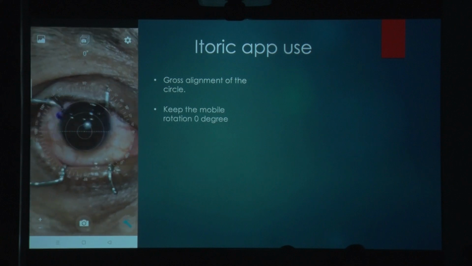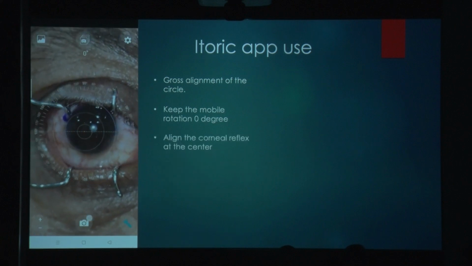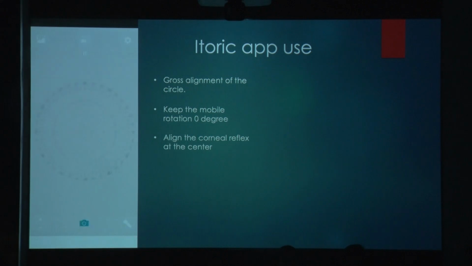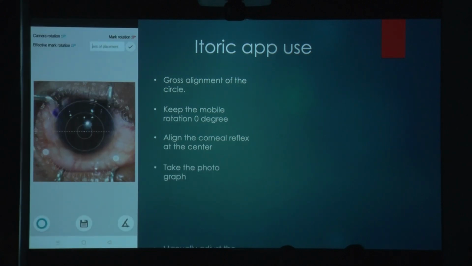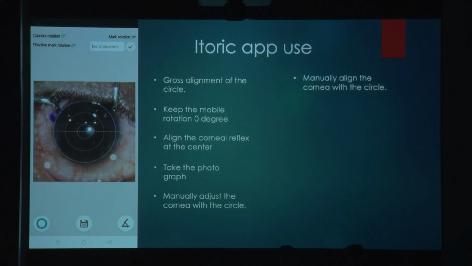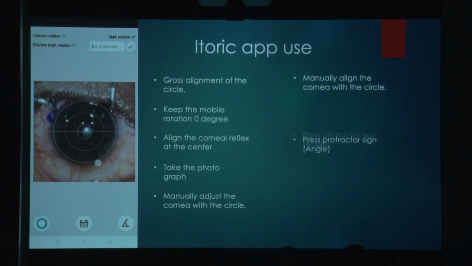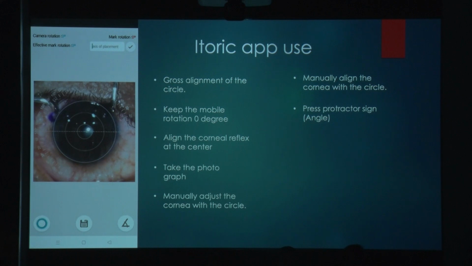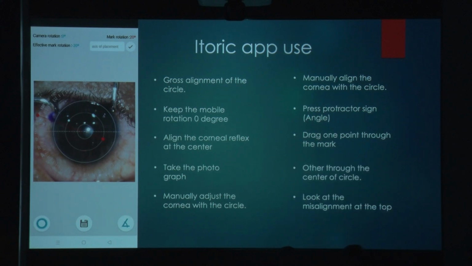Keep the mobile rotation at 0 degrees. Align the corneal reflex at the center of the eye. Take the photograph. Manually align the cornea with the circle, and press the protractor sign at the bottom. This gives us a red line. Now drag one point of the mark through the ink mark and the other through the center of the circle.